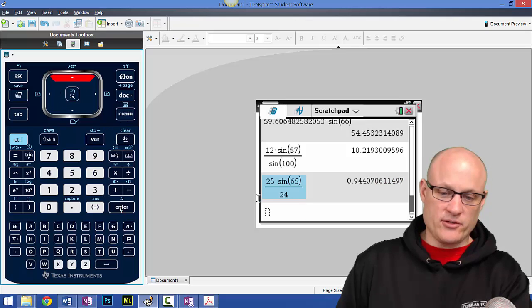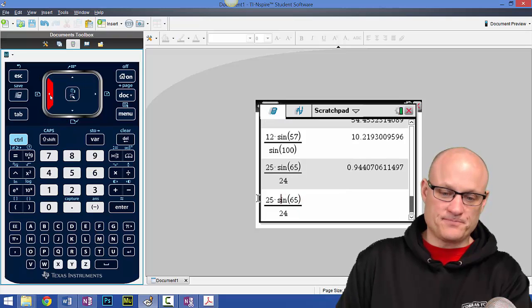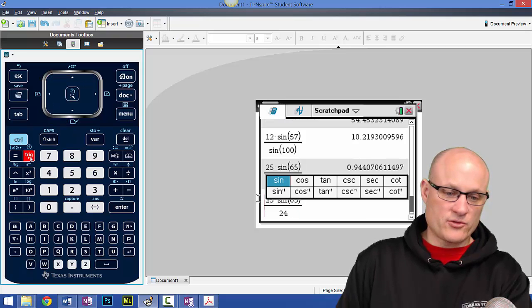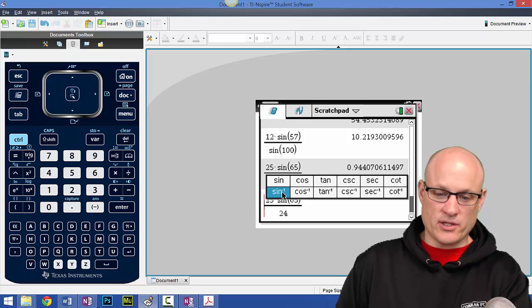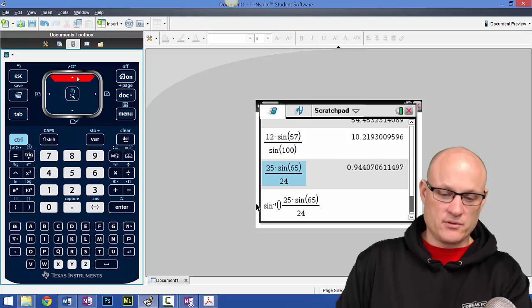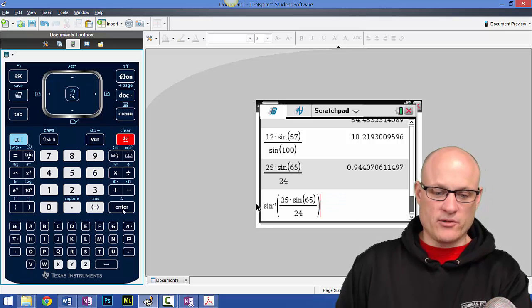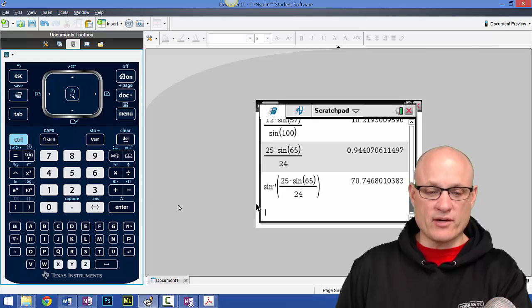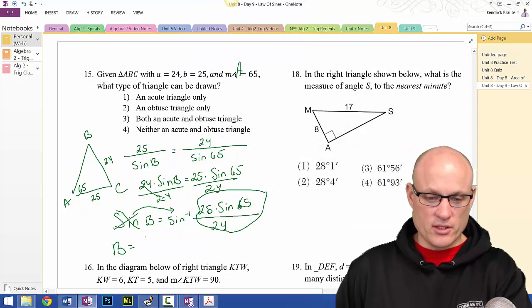What am I doing? So inverse sine of, I guess I'm going to do it this way. And I do that, and I go, oh, 70.7 degrees. Sorry, that was a little weird. 70.7, and that's like 71.